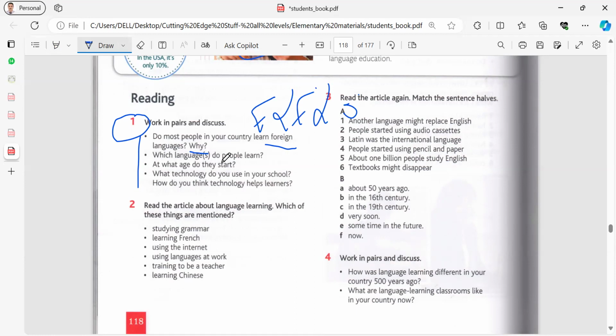Because what? Because most people talk English. But why, Ibrahim? Why are most people interested in learning English, learning a second language? Because everything is in English. Yes, because this is the future life.